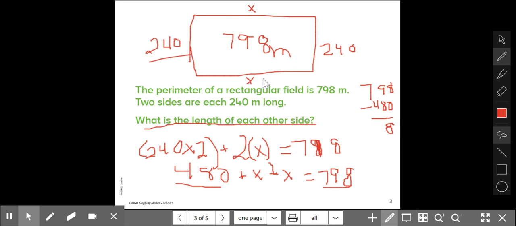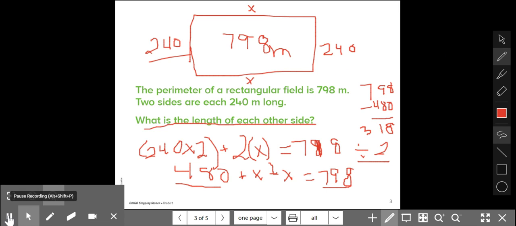If I add this side plus this side, it's going to give me the total amount that I have left over. So I have 318 meters left over. I've got two different sides. They're equal. So if I know that they're equal, then I can divide 318 by 2. That's clean enough that I think I can do it in my head, but let's go ahead and show it on here.